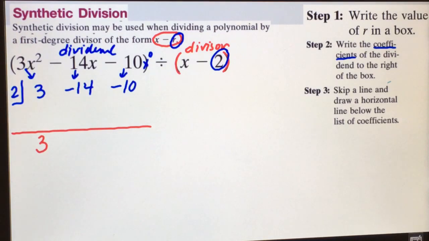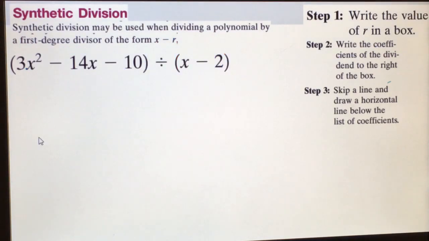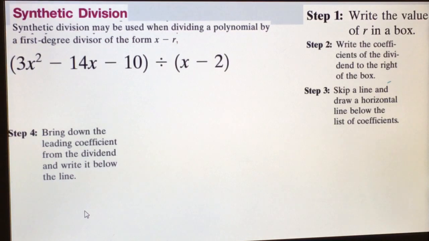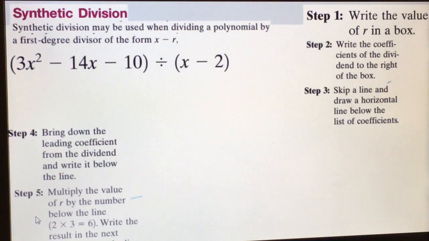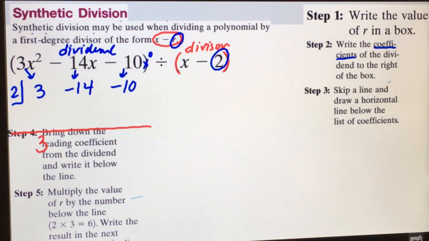Now next step is, after we bring down, we multiply the value of r by the number below the line. Okay, what does that mean? Let me rewrite this.